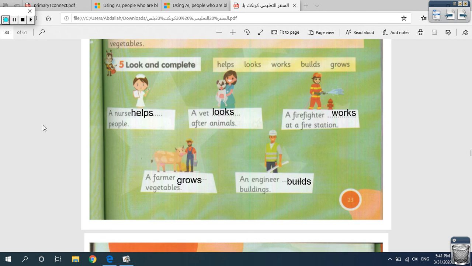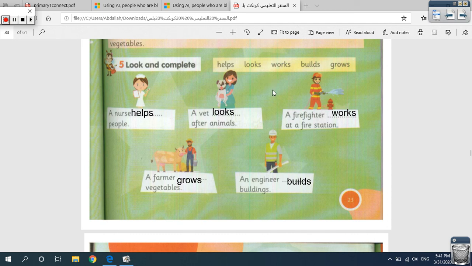Here, dear students, on the same page, we have exercise number 5. Look and complete. We have here the box. We're going to choose from the box to complete the sentences down here. Helps, looks, works, builds, grows. These words, we call them verbs.